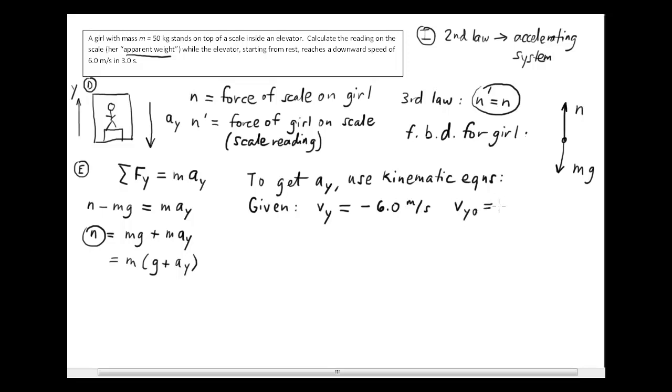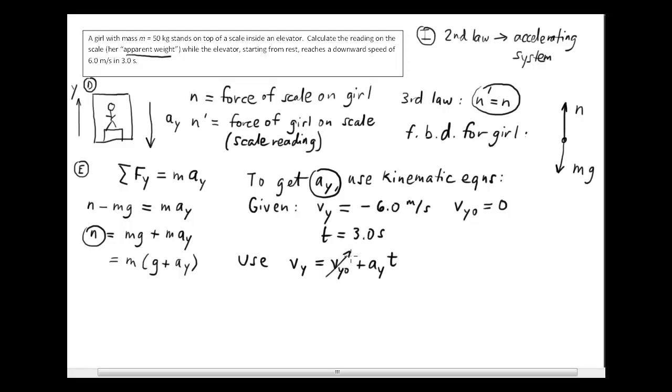Vy0, which was the initial speed, is 0 because it says the elevator starts from rest, and the time is 3 seconds. So we want to find a sub y, and we need an equation that involves Vy, Vy0, and t, so we will use the equation Vy equals Vy0 plus ay times t, the very first of the kinematic equations.